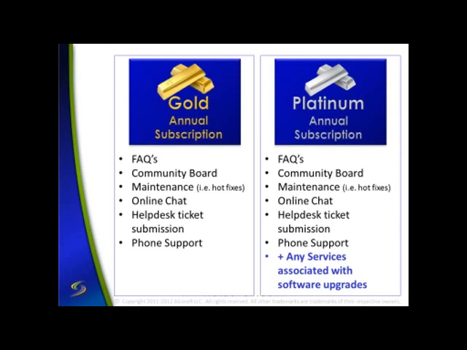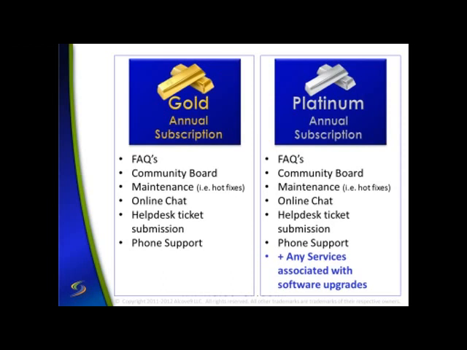It includes maintenance, hot fixes, and bug fixes, and whatever the case might be with our software, and future upgrades, of course. From a help desk situation, we include a help desk ticket system that's online, plus a chat and phone support is also included.